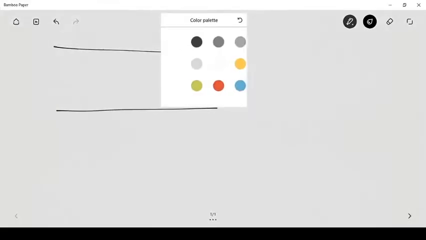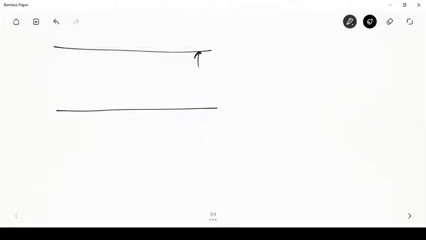So let's understand internal flows. Okay. So let's move to the whiteboard. So suppose I have two parallel plates which are separated by a distance 2h.